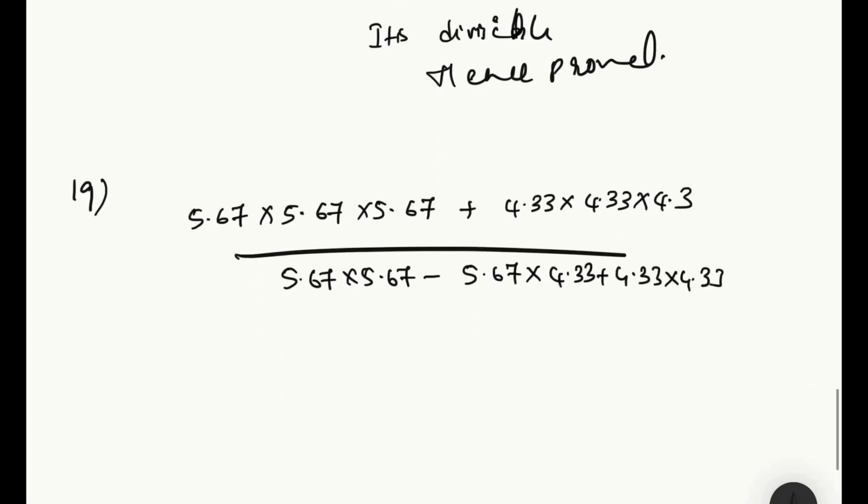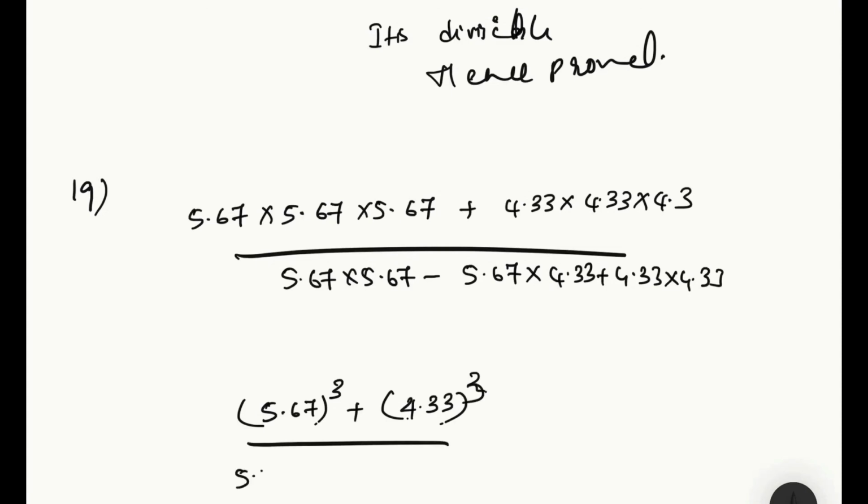So what has happened here is we have 5.67 cube plus 4.33 cube by 5.67 square minus 5.67 into 4.33 plus 4.33 square. So what is this equal to?